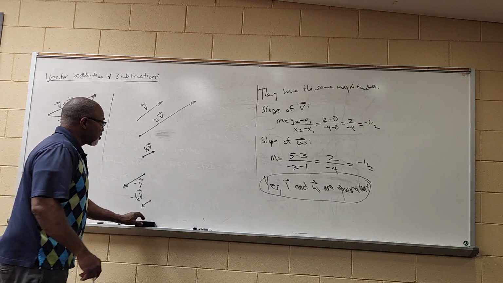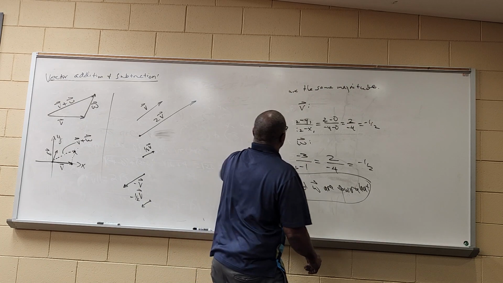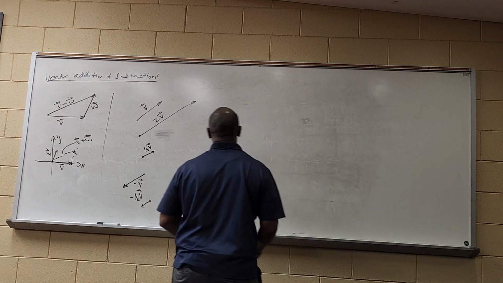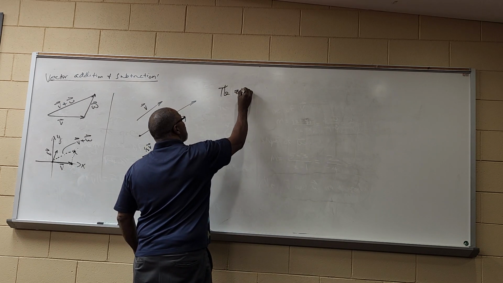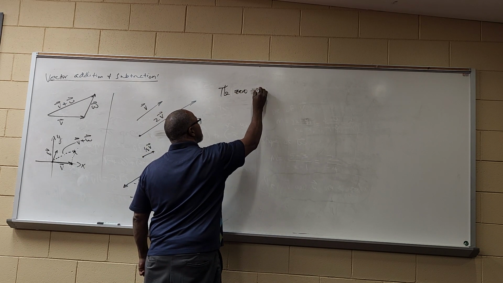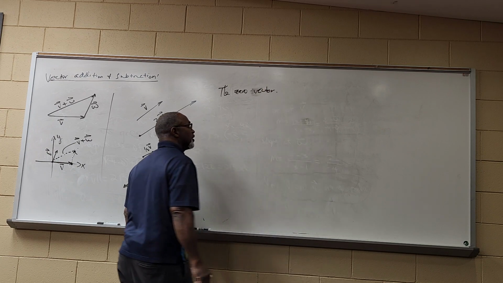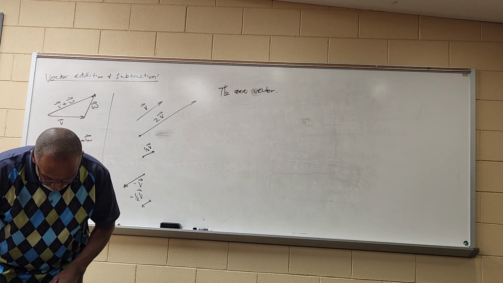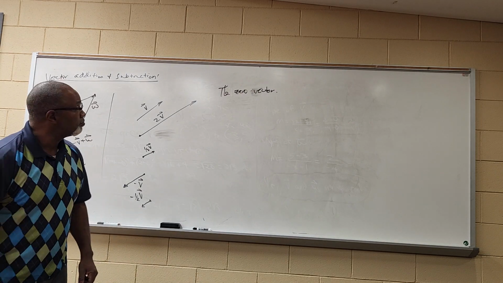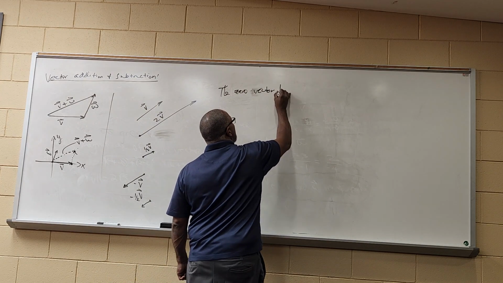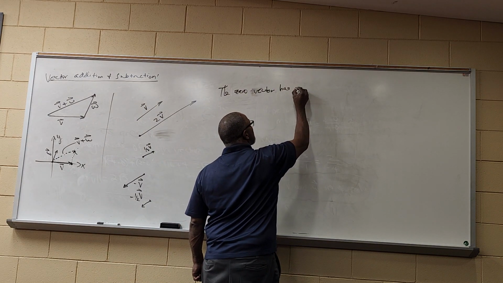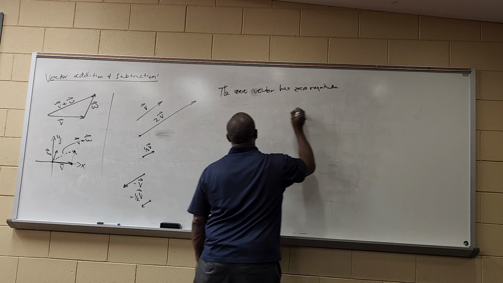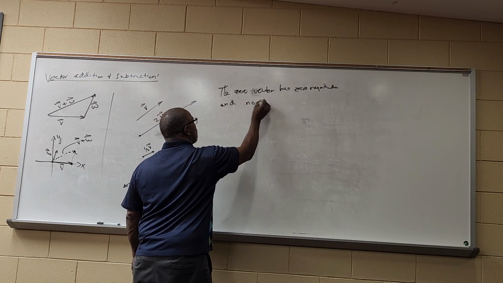There's also a concept called the zero vector. We're going to do subtraction in a minute, but I'm just going to get this out of the way. The 0 vector has 0 magnitude and no direction.